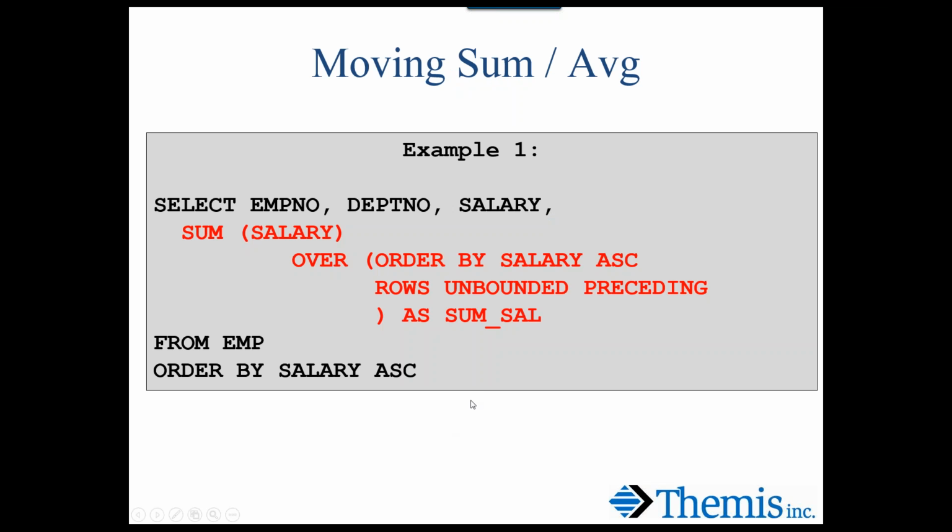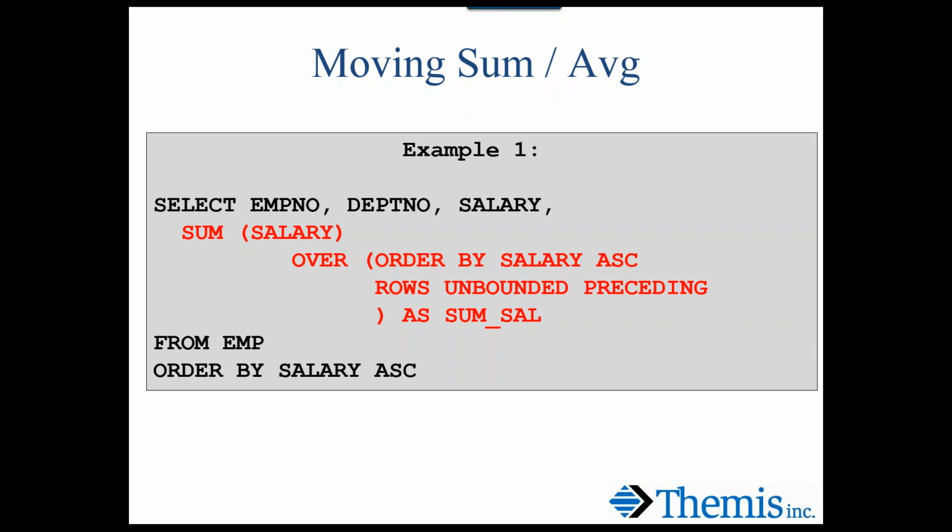So let's actually take a look at that problem again and talk a little bit about what this means. So here I'm saying I want to sum the salaries. I'm going to order by salary ascending, start from the lowest salaries and move up. Rows unbounded preceding. That means we're going to go all the way back to the first row that was in my set.